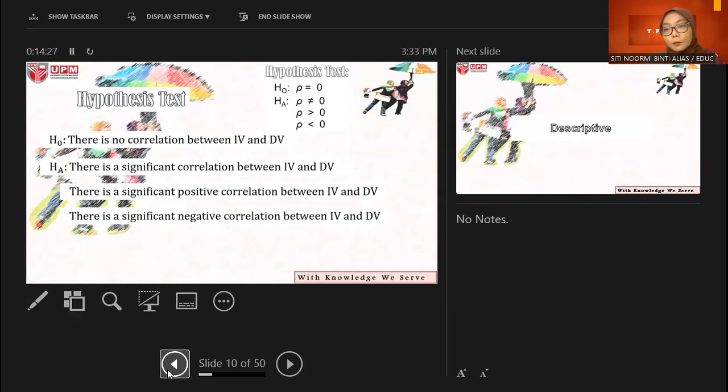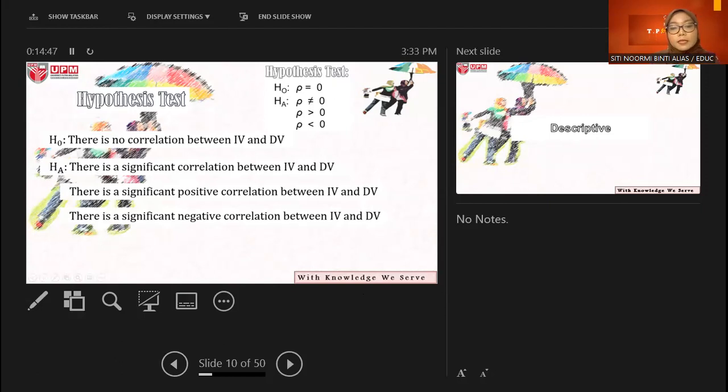One tail has two types. What is that? One tail means that you indicate the direction of the relationship, either a positive correlation or a negative correlation. So for example, there is a significant and positive correlation between IV and DV.